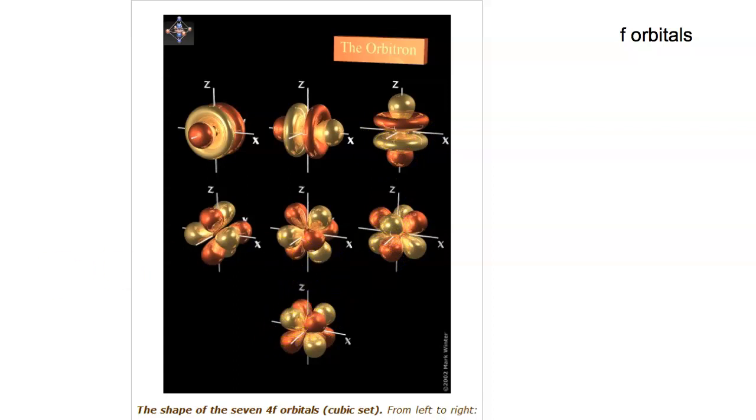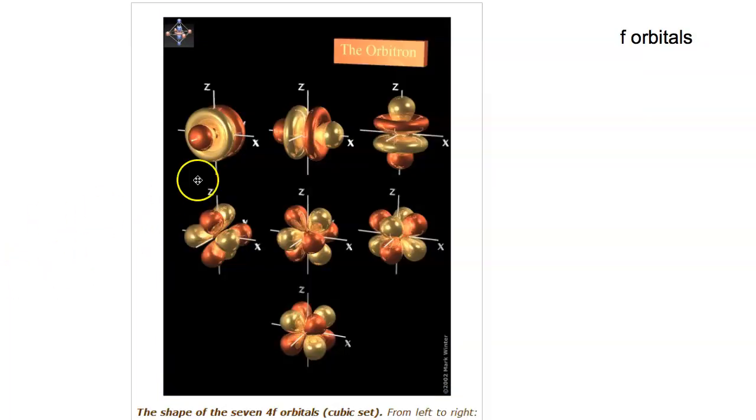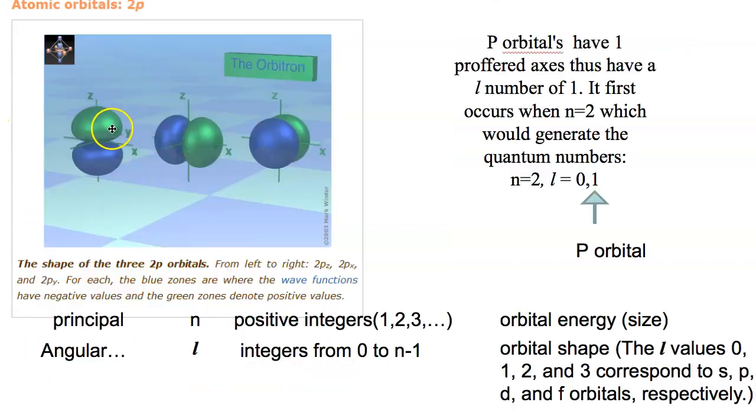And we actually have g's, which occur in excited states. G orbitals, can you guess where they would occur? Well, n must equal 5 for this to occur, and L would have to equal 4. These have 4 preferred axes, and it goes on. So these are the three-dimensional shapes, and I want to make sure you understand each one of these shapes represents an orbital.